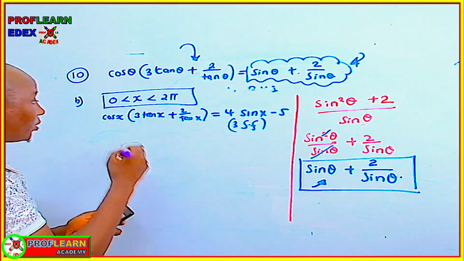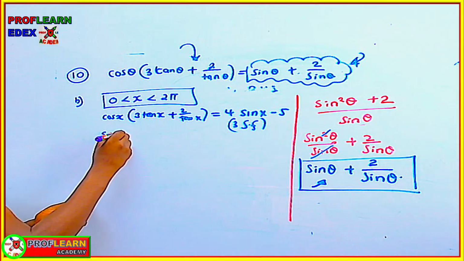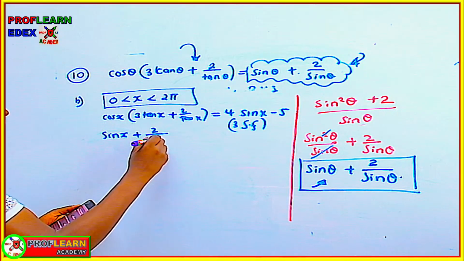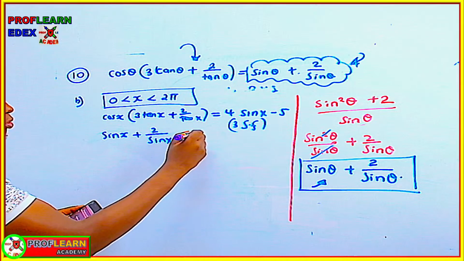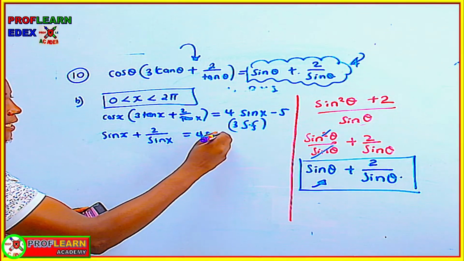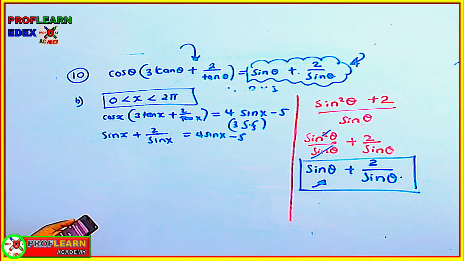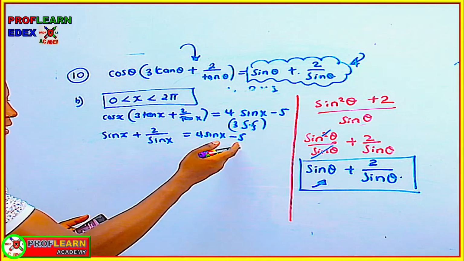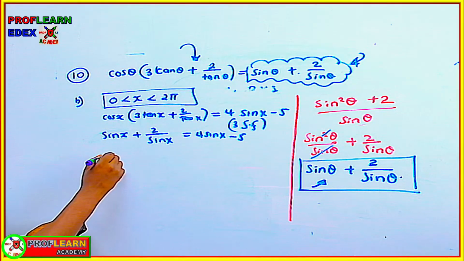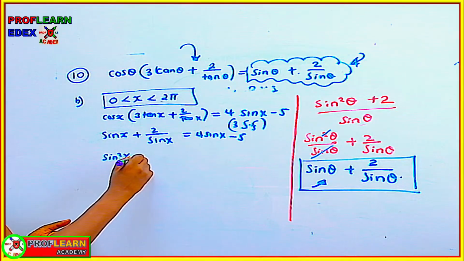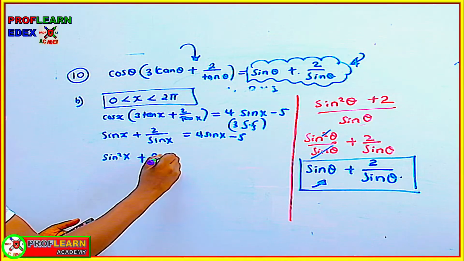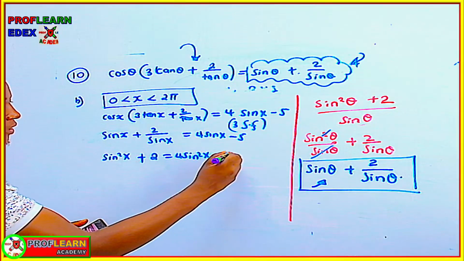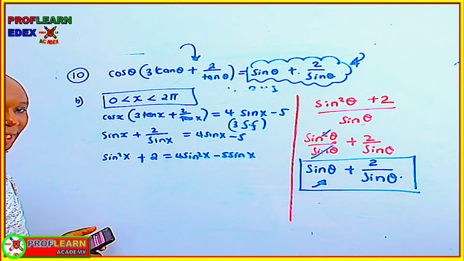So we shall say sine x plus 2 over sine x is equal to 4 sine x minus 5. We can now multiply all through by sine x, so that we have sine squared x plus 2 is equal to 4 sine squared x minus 5 sine x.